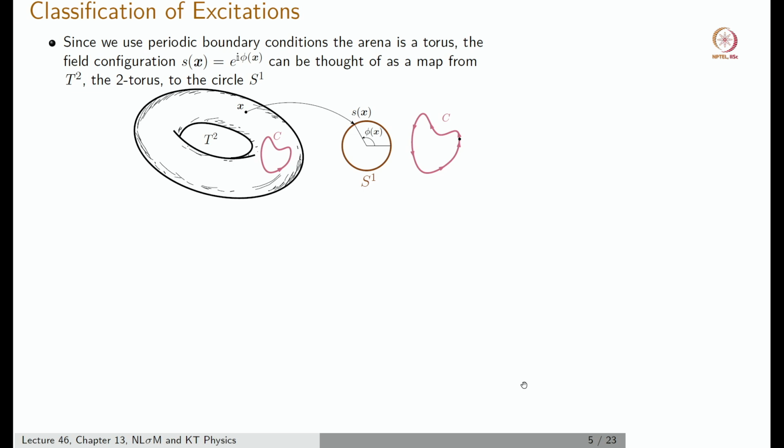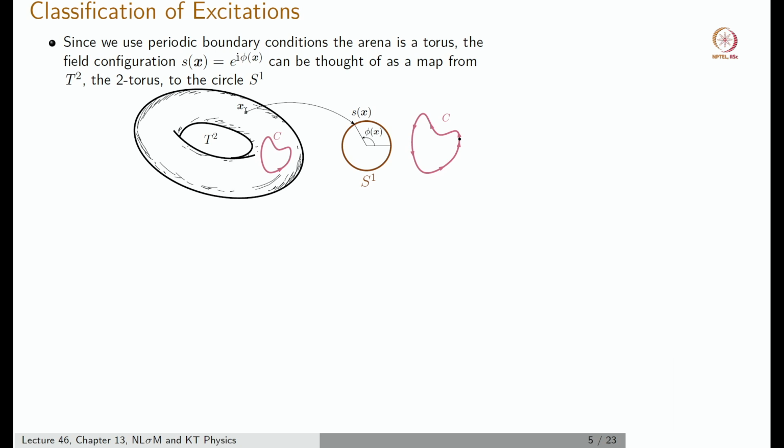Okay. So if I use periodic boundary conditions, I have identified the ends of my square lattice, I am identifying these two and these two, so it becomes equivalent to a torus. So any field configuration can be thought of as a map from the torus to the circle. How do I think about this?